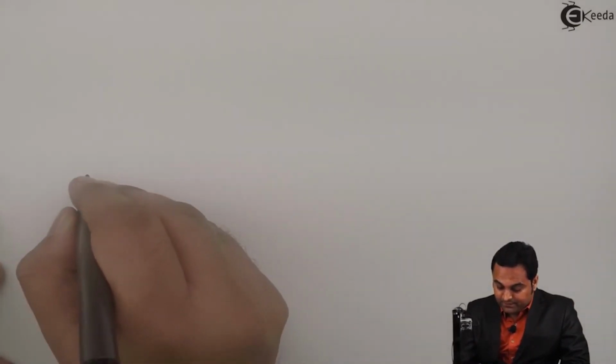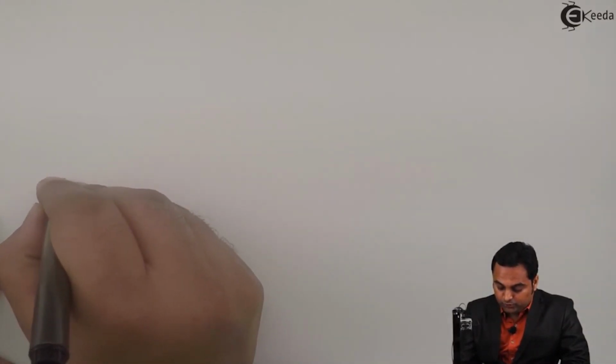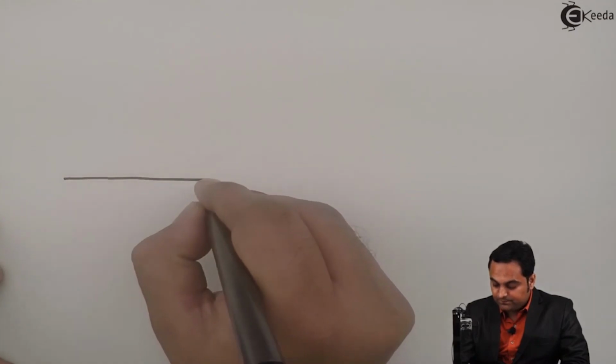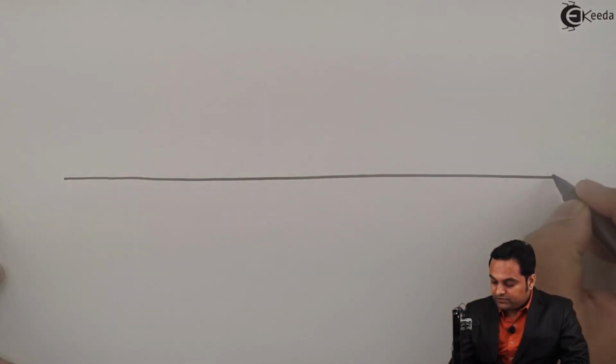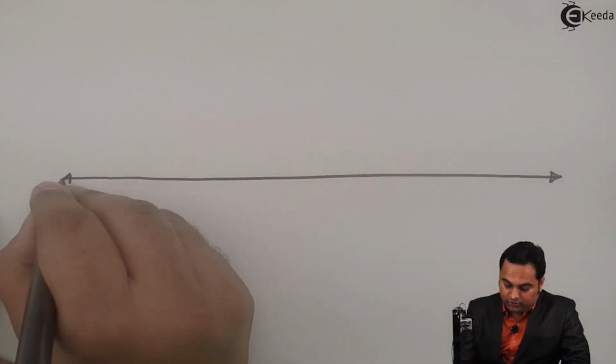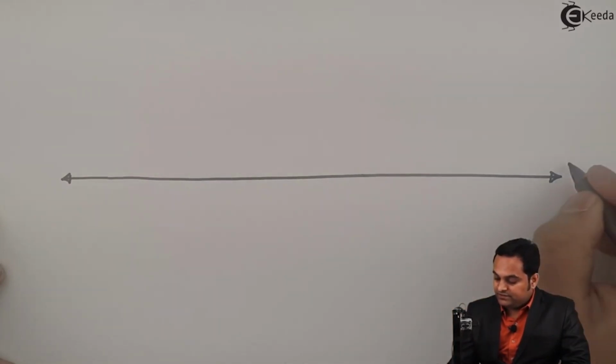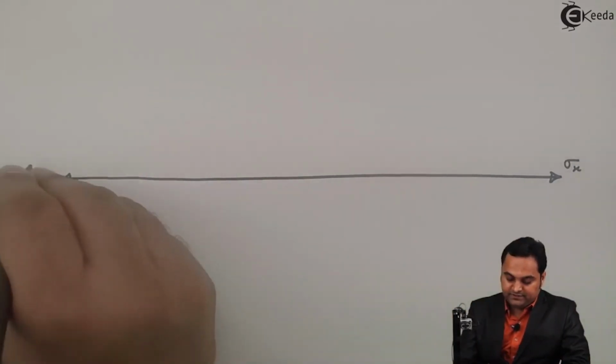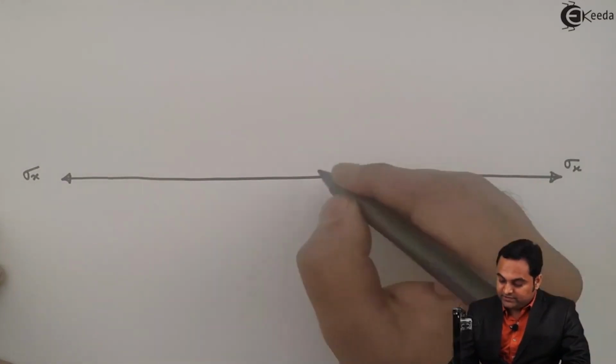So now once we have found out all the values and the locations, I'll locate all the values on this diagram. That is, I'll show how to mark the stresses. First, I have drawn a horizontal line. This represents sigma x. It was tensile.